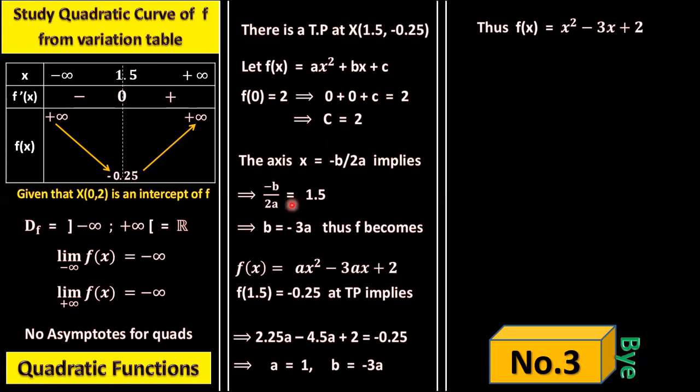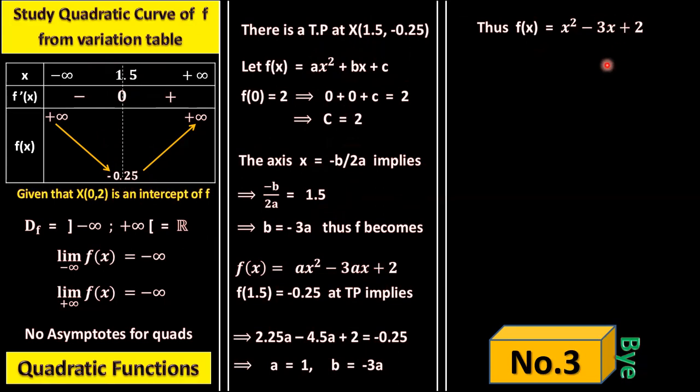Then negative b on 2a is equal to the x value at the turning point, which is 1.5. From there, we can get the relationship between b and a. We substitute that in the function here, as well as the c value, so the function is now in terms of a. But at the turning point, we know that f of 1.5 is negative 0.25. We substitute this and we have the values of a, b, and c at the end. So this is our function.